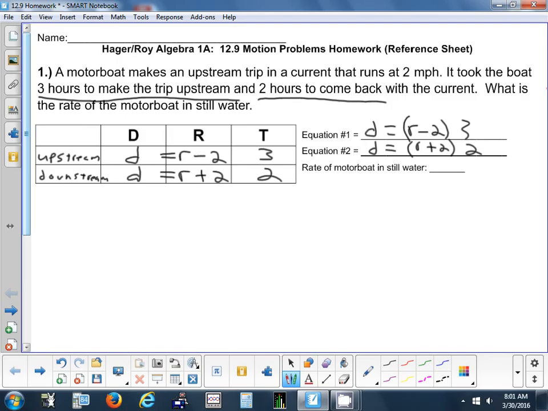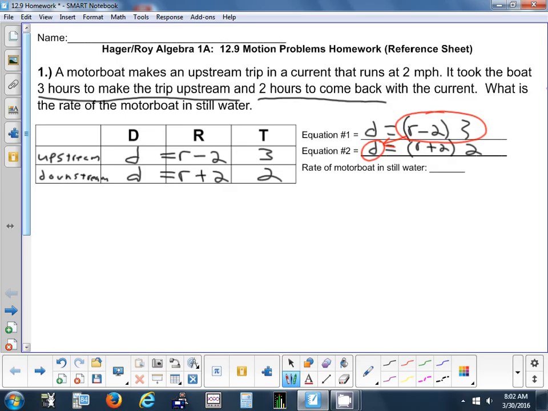All right, so now we're going to do substitution. It says D equals r minus 2 times 3. Do I have a D in the bottom equation? Yes, I have a D right there. So we're going to fill in, using equation 1, into equation 2.